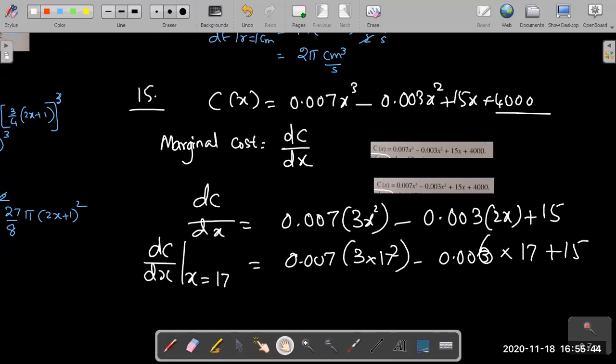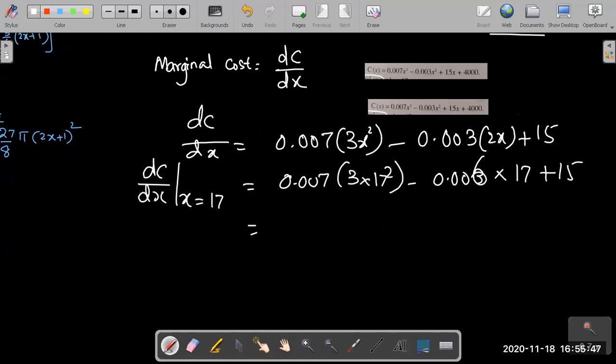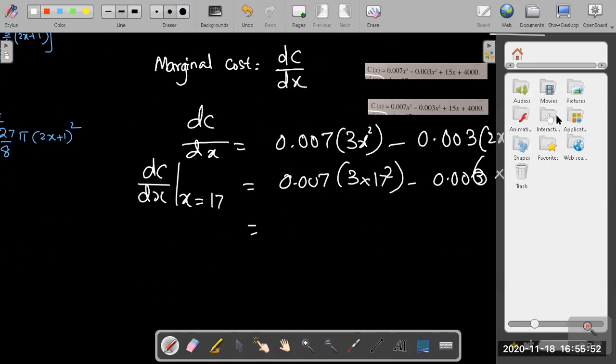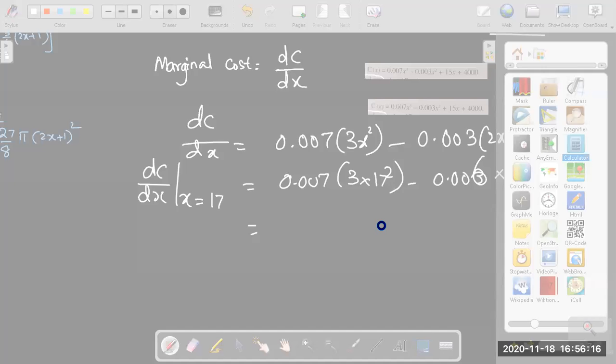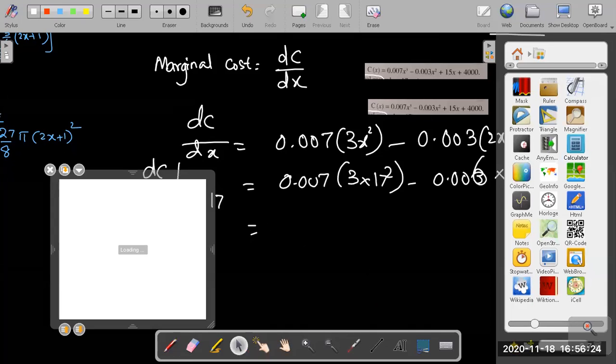If I calculate that, you need a calculator. This is 289 into 3. So let me get the calculator. Oh, I think the system crashed. Okay, not crashed, it's gone.